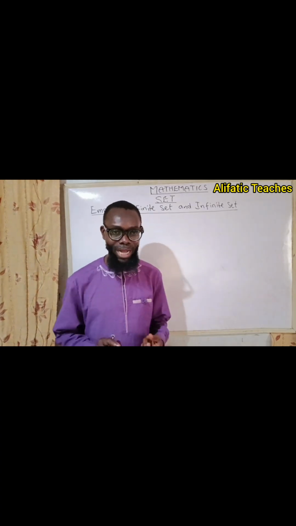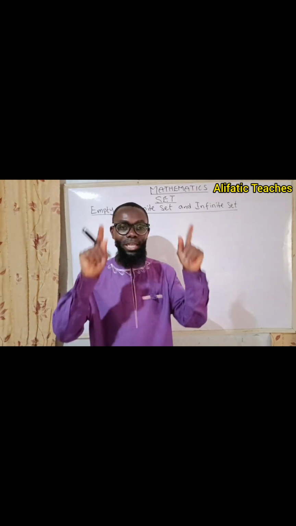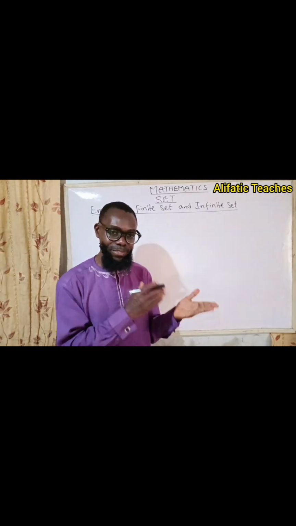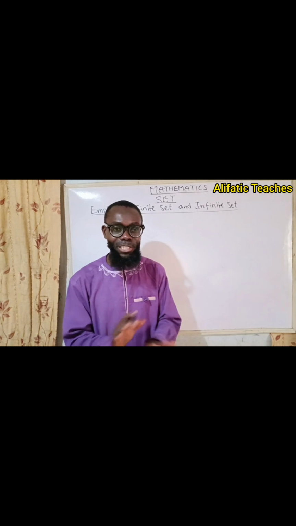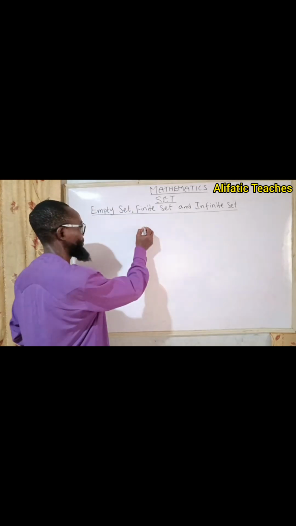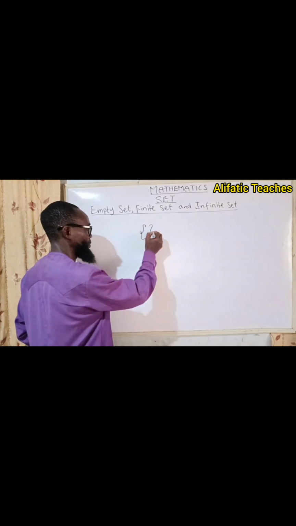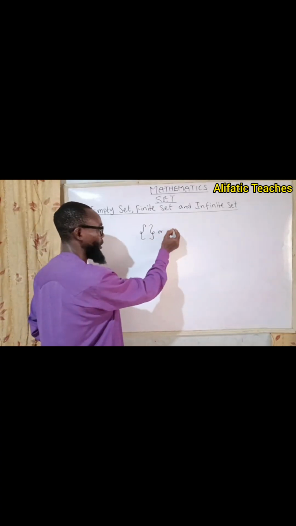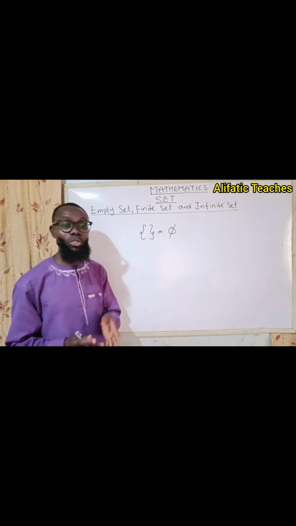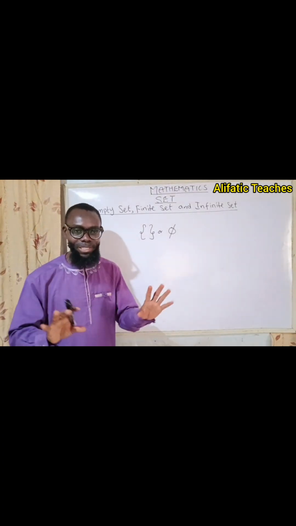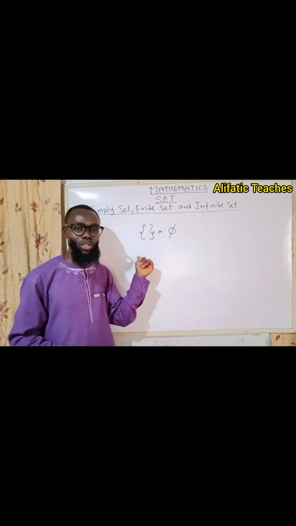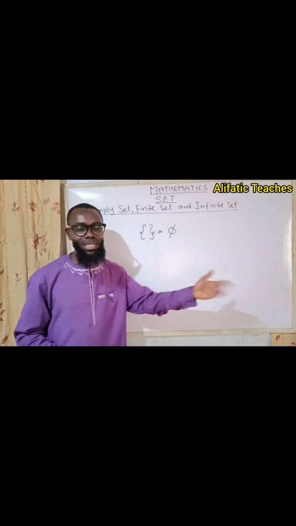A rectangle, we all know, will have only 4 sides. But if we say a rectangle with 5 sides, this is an empty set, a null set. An empty set is denoted with this symbol or this symbol. So any of these two symbols can be used to represent an empty set. Anytime you see either of these, they are referring to an empty set.